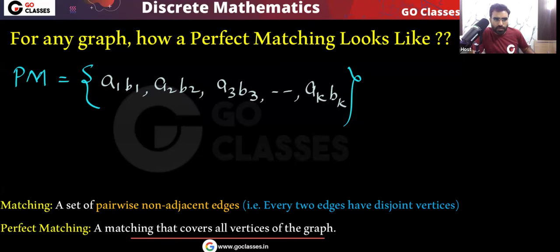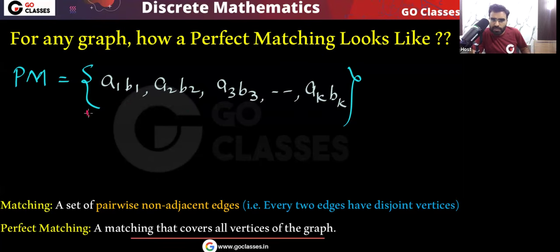The point is that this perfect matching covers all the vertices, so the number of vertices in the graph will be 2K. All the vertices of the graph are covered by this perfect matching.